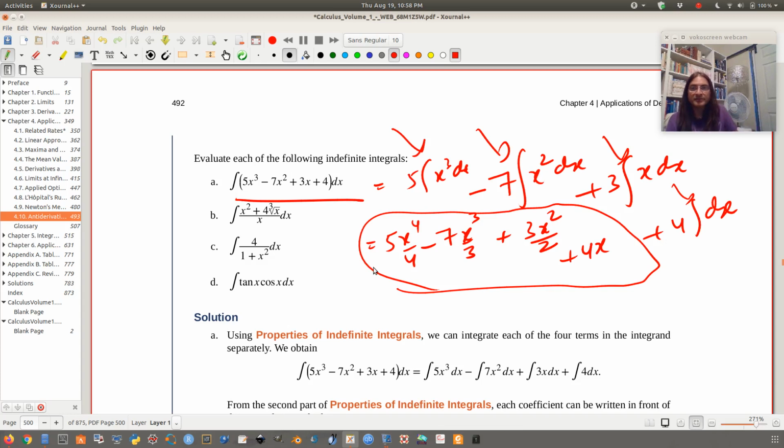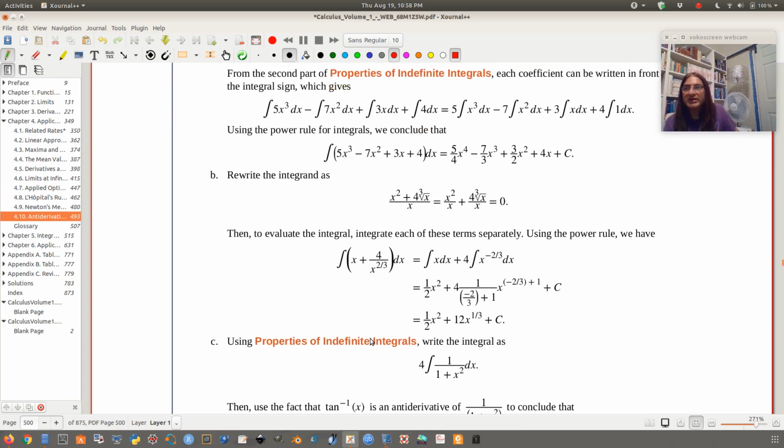Here, how you can do the second one is divide each one by x. Okay, so rewrite this integral, divide each one by x, x squared by x, and this over this. Okay, this is a typo. So now, taking the integral of these two, this is just x, and this is 4, and this is 1/3 of x.